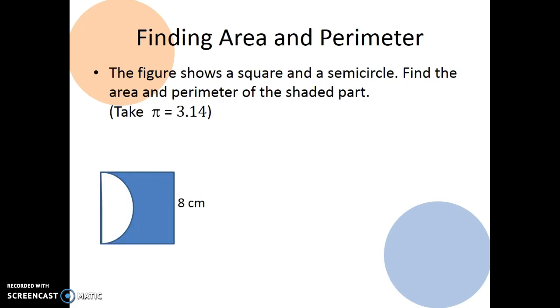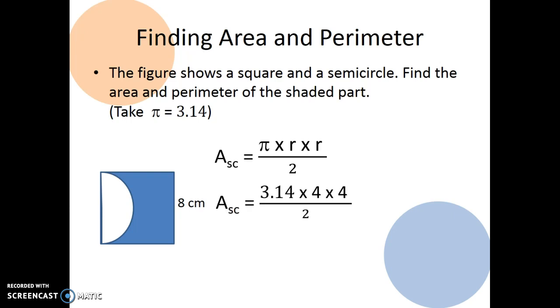Okay. Here we've got a square and a semicircle, and we want to find the area and perimeter of the shaded part. So just thinking through this problem a little bit, we'll do area first. We're going to find the area of the square and the area of the semicircle, and we're going to subtract the area of the semicircle. So let's do the semicircle first. Pi times radius squared divided by 2. 3.14 times 4 times 4. Hopefully you notice that the diameter was 8.